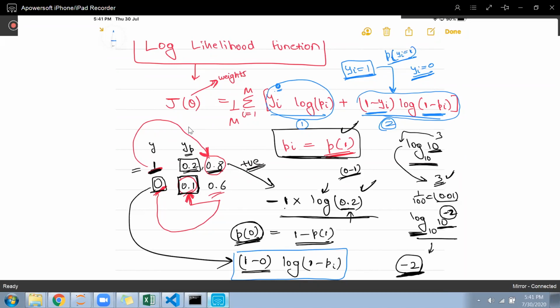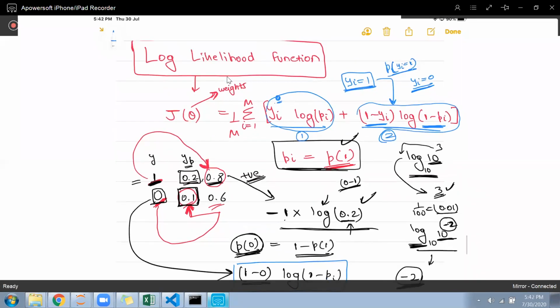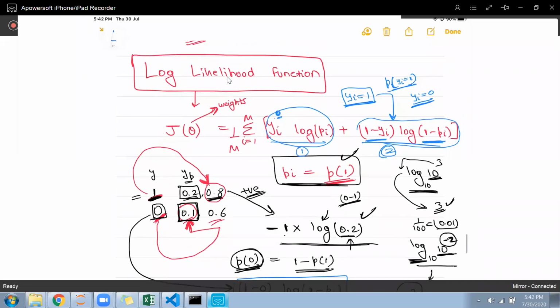That's why I have written the equation like this. Is this clear, have you understood the meaning of this equation?